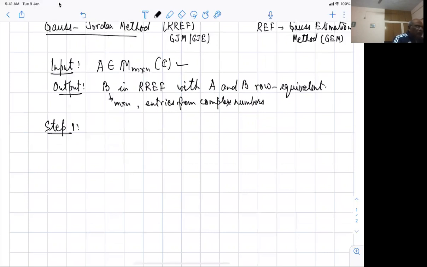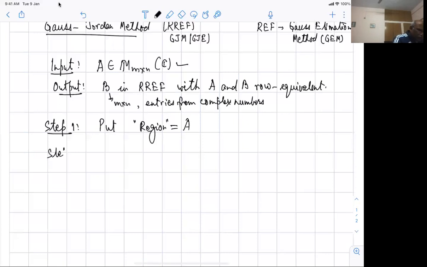So what are the steps? Step 1: put the region as A itself. The whole matrix at the first step is your region.